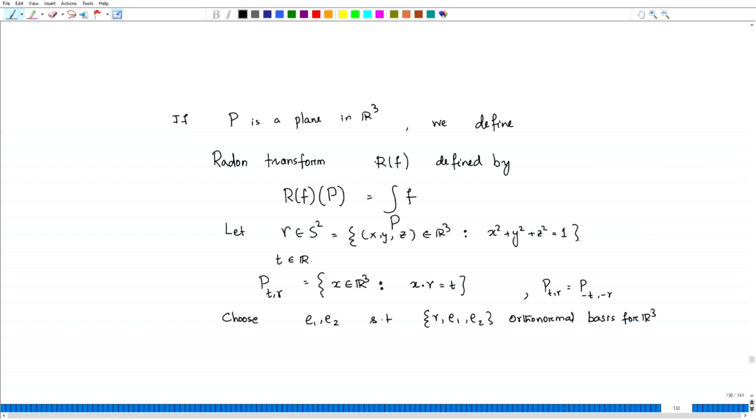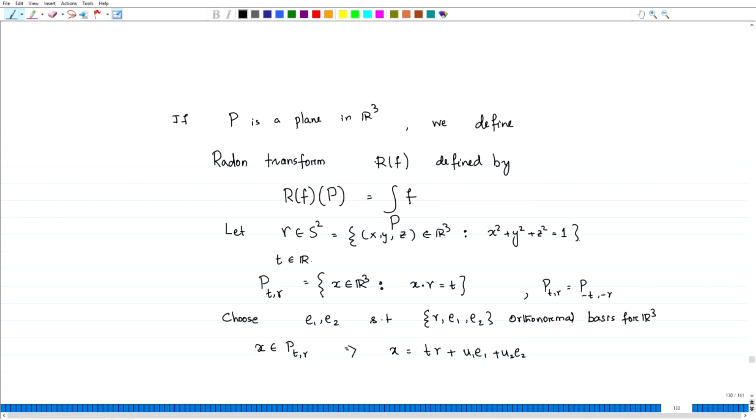That means they lie on the unit sphere and are mutually orthogonal, their dot products being 0. So if I take x in P t gamma, then x can be written as t gamma plus u1 e1 plus u2 e2.